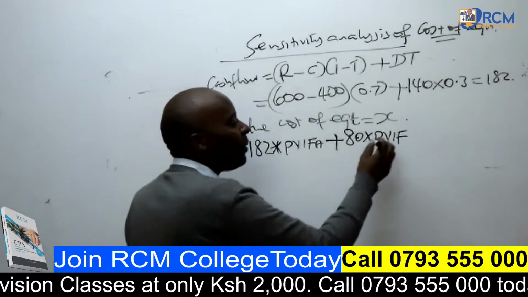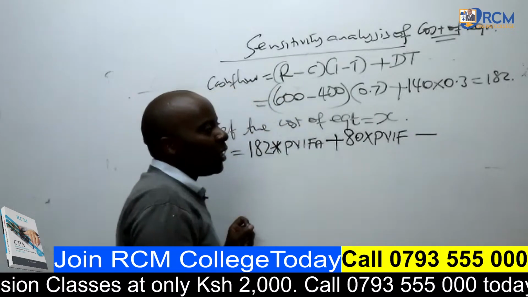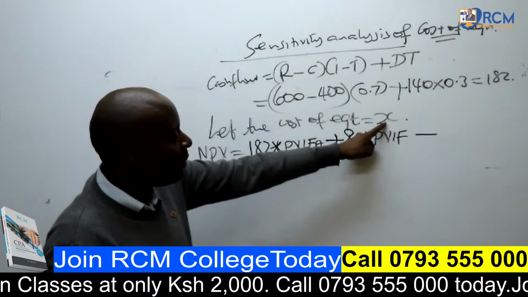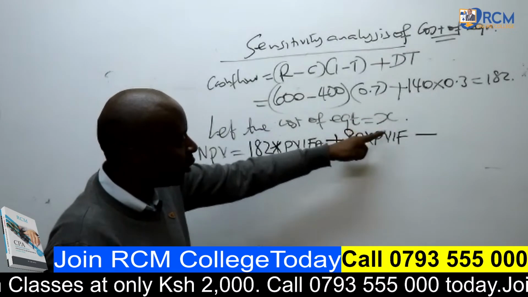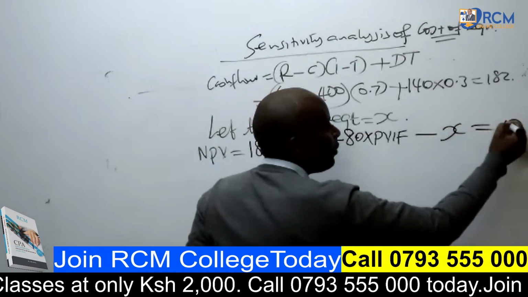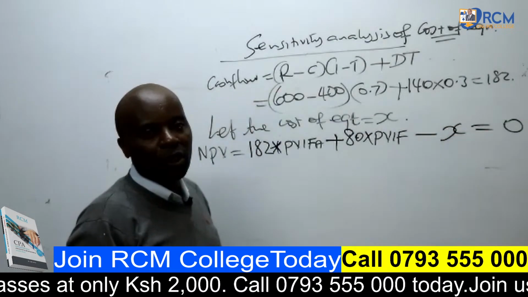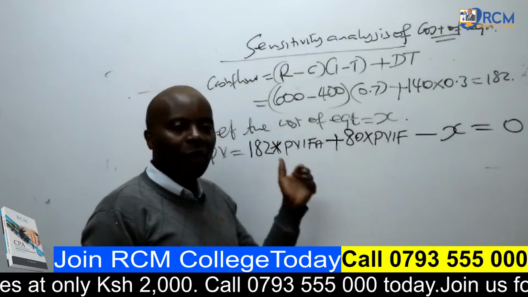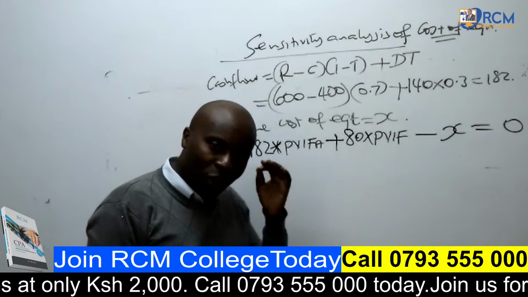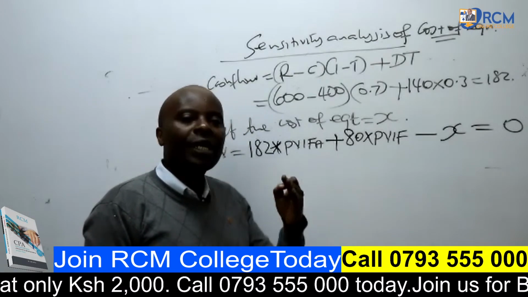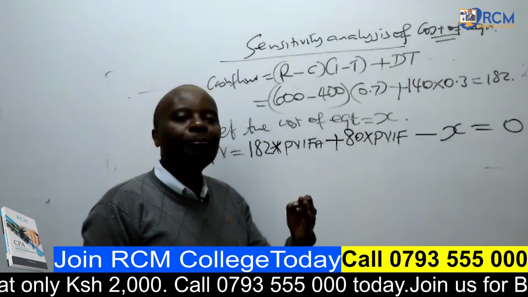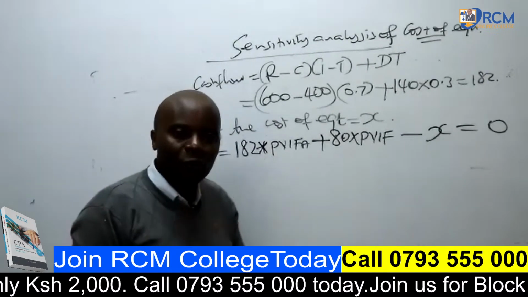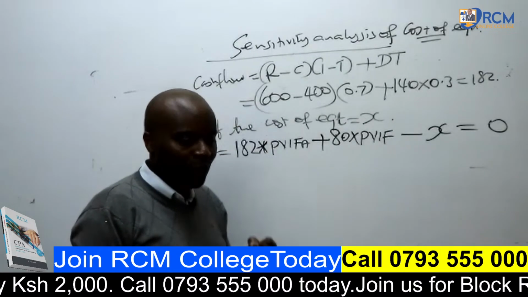And then from there, we subtract our initial outlay. Remember, the new initial outlay that we have is X. So we subtract the initial outlay, which is X here, and then we equate everything to 0, because this is a break-even point sensitivity analysis where NPV is supposed to be equal to 0.